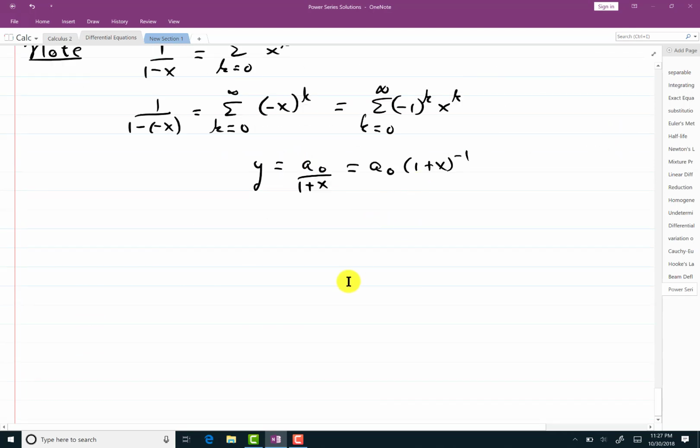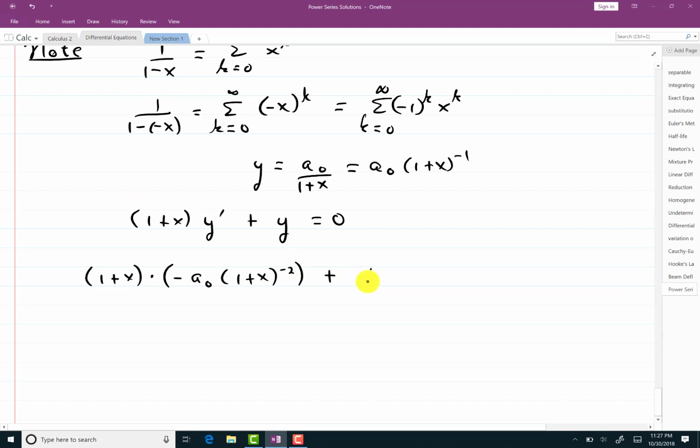Now, if I plug this into the original equation, which was 1 plus x, y prime, plus y equals 0, when I plug this in and take the derivative, I will get 1 plus x times, now when you take the derivative, I'll have a negative a sub 0, 1 plus x to the negative 2, plus 1 over 1 plus x, and a sub 0 over 1 plus x.